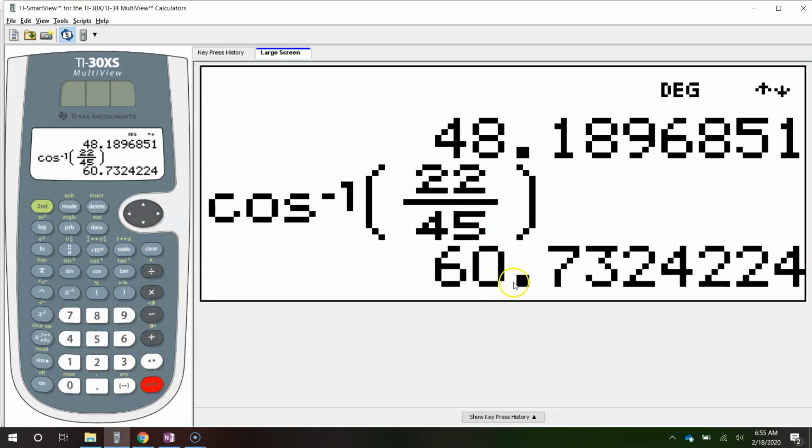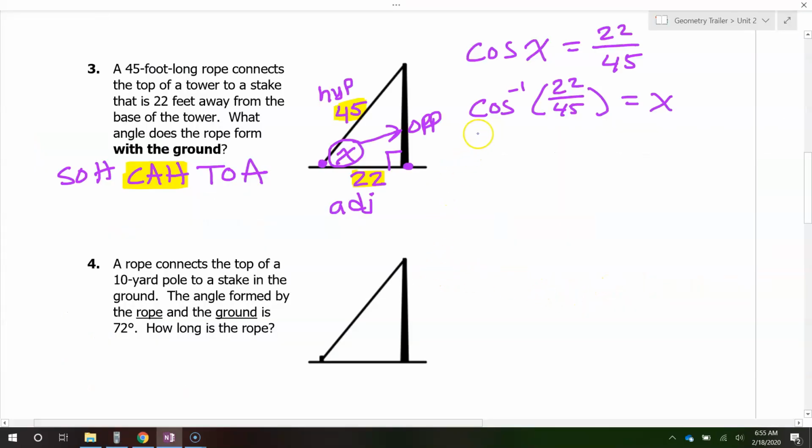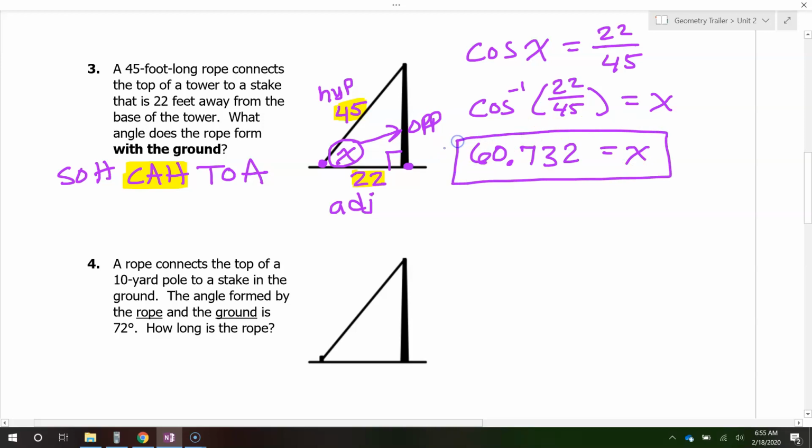All right, that's 60.732. Kabam! Let's move on to number 4.